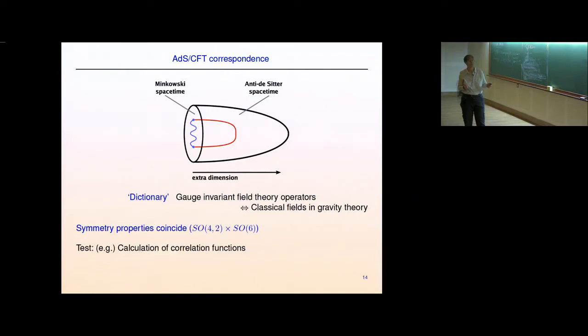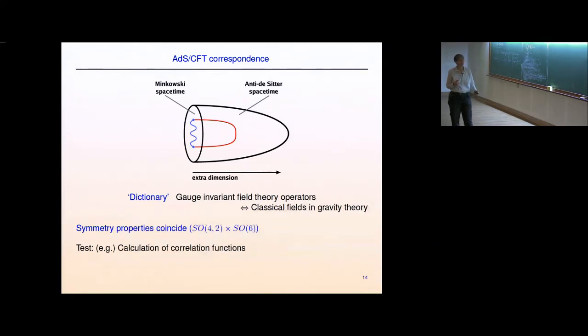This is a very rough abbreviation for Feynman diagrams. And now the AdS-CFT correspondence states that you can calculate the same correlation function by looking at classical propagation in this extra dimension. It's classical, but the propagators are more complicated because the space is curved.